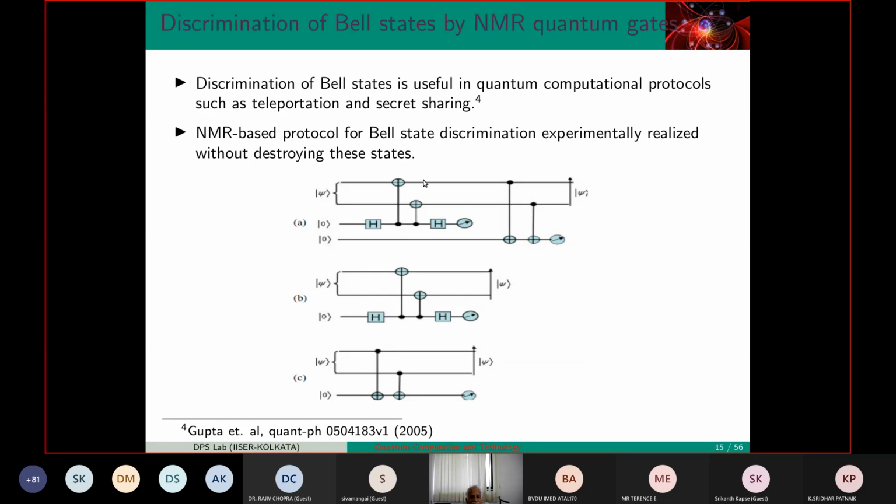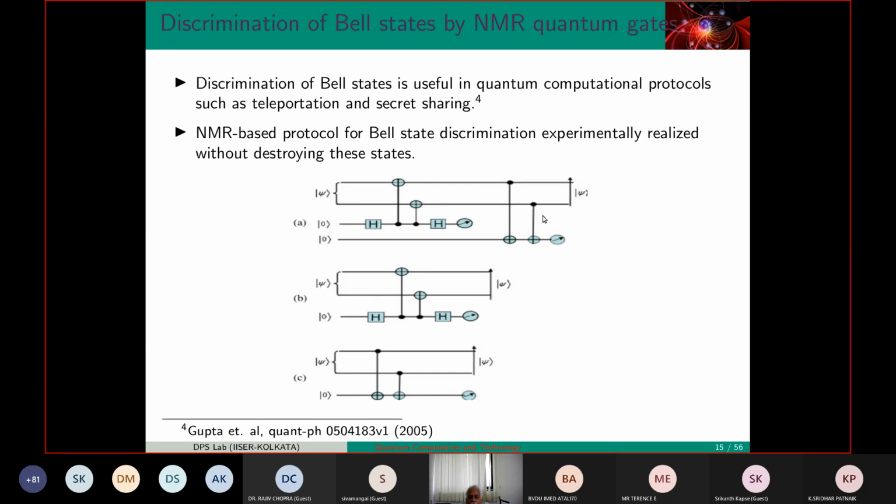That means you can read the relative phase. So this is called parity. For example, you do control not operations from here and here, and you will find out the content: 0, 0 or 0, 1 or 1, 1 or 1, 0. That will come out here.